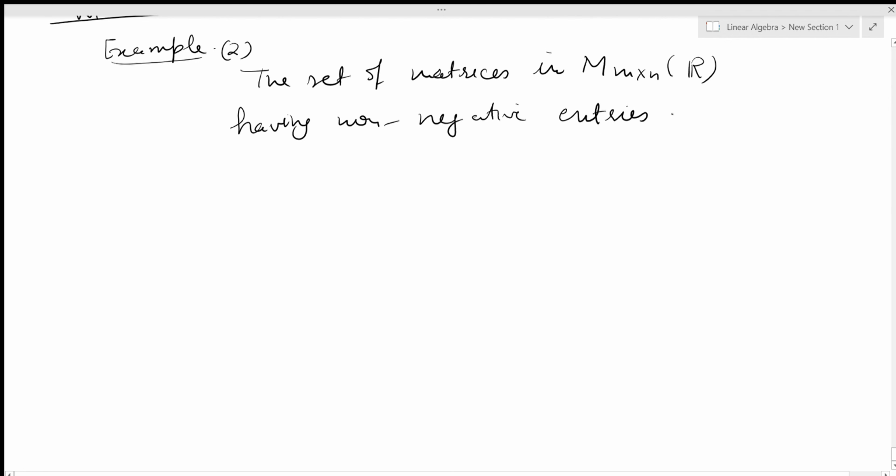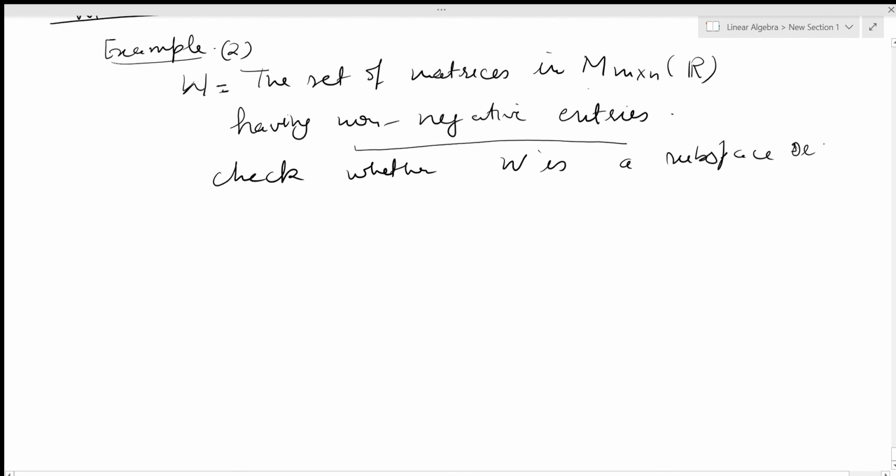So this is your W. W is a subset of M cross N, which contains all the matrices whose entries are non-negative. You have to check whether W is a subspace or not.